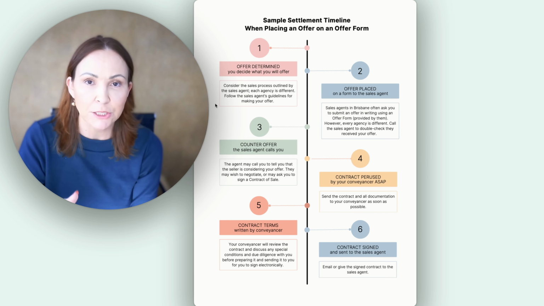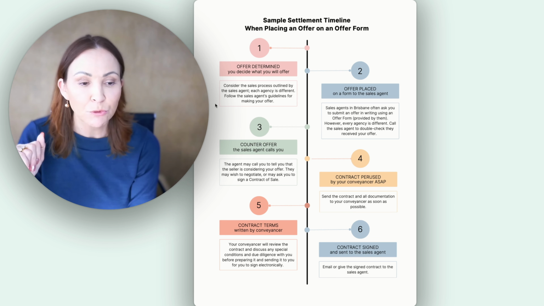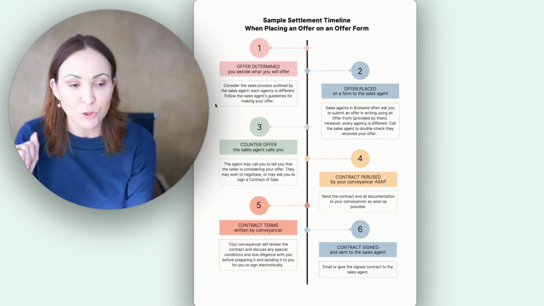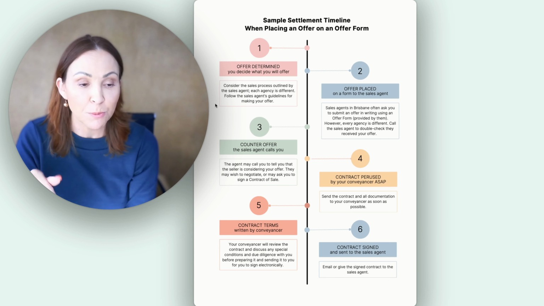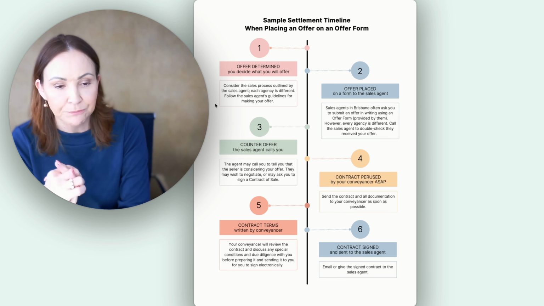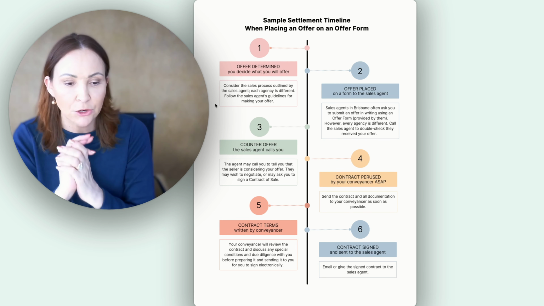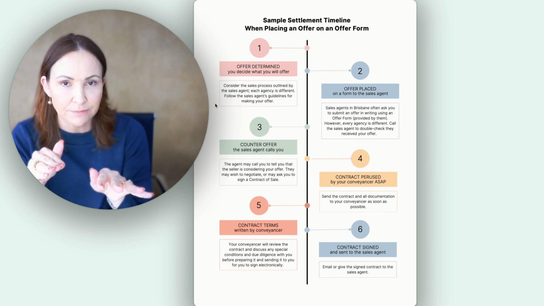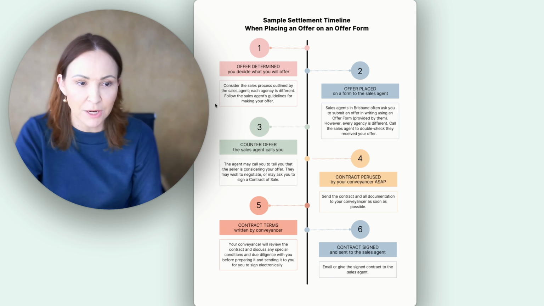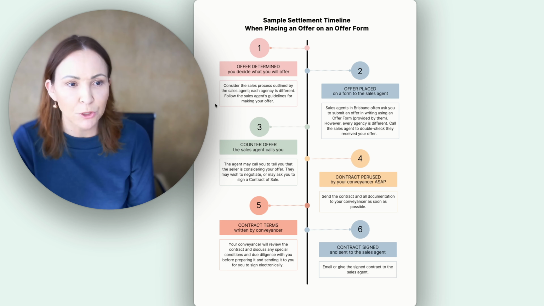They would have included any terms that suit you. Your conveyancer will review the contract and discuss any special conditions and due diligence with you before preparing it and sending it to you for signing electronically. And once all that's happened, you sign it and it goes to the sales agent. That's what happens when you fill out one of those forms. That would be the common way for it to work.